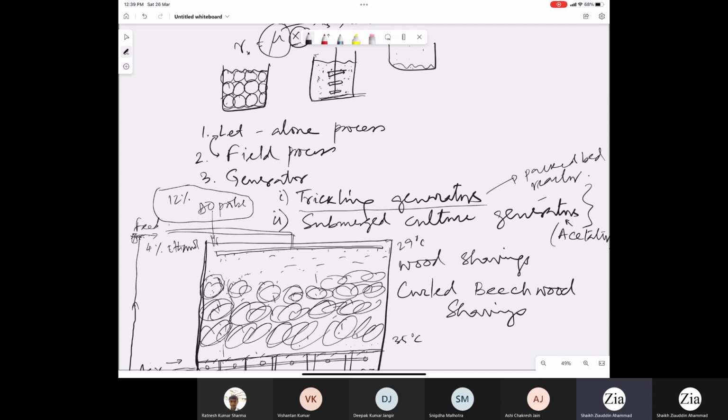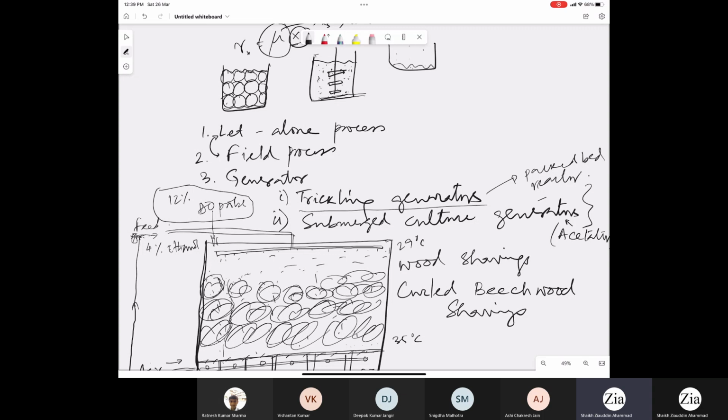So these submerged culture systems are a little bit more expensive because the capex or capital cost is a little bit higher. The advantage of the system is you get much quicker production, and also much better control on the production.